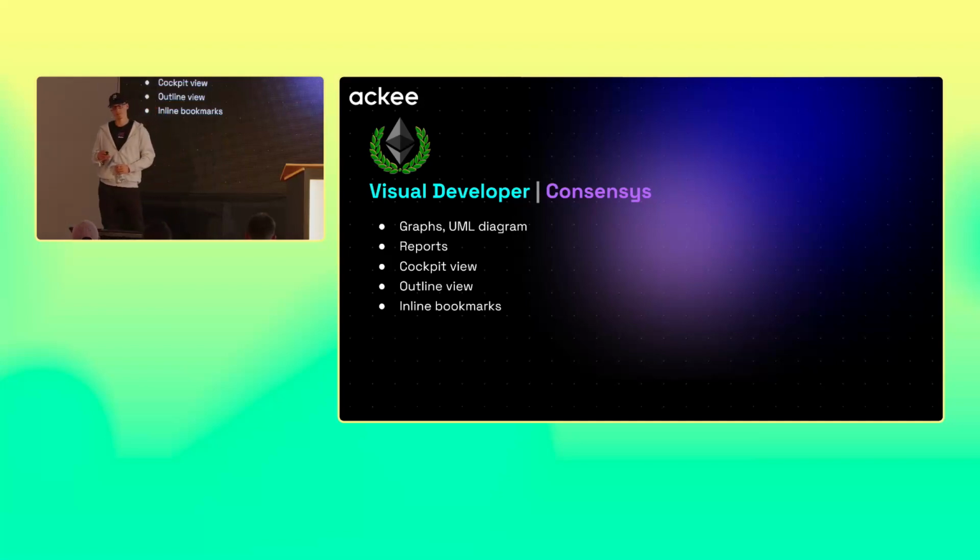Actually, this extension was previously named Visual Auditor, and then Consensys renamed it to Visual Developer, so it's focused also on auditing. Yeah, code lenses, we haven't talked about this feature yet. So code lenses are like little buttons above the functions or contracts, where you can execute some actions like find all references or generating graphs.